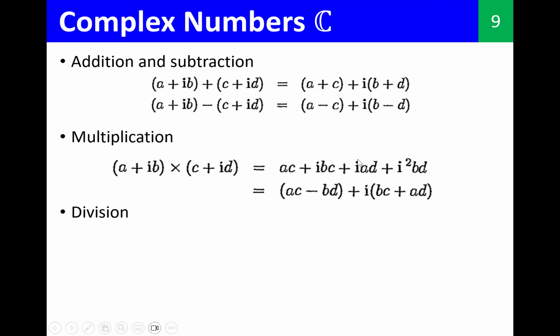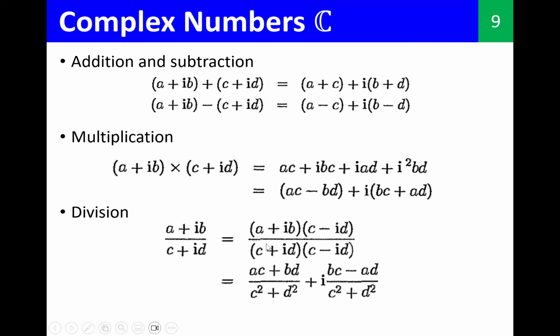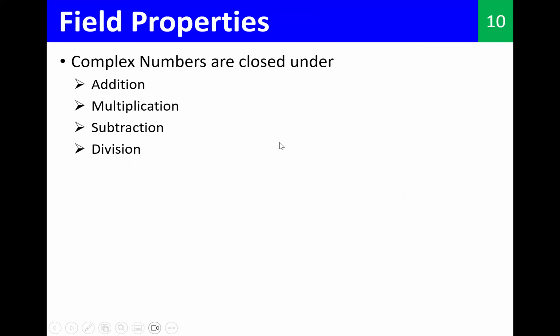And we also know how to do division of complex numbers, right? So we say that complex numbers are a field because they are closed under addition, multiplication, subtraction, and division.